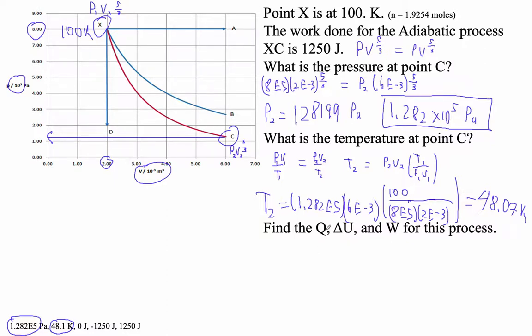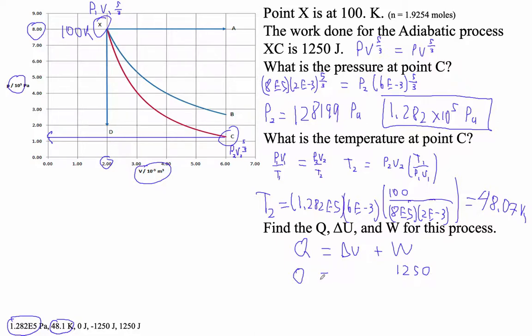Okay, so find the Q, delta U, and W for this process. Remember that these are related like this, and we're going to find Q by adding these two up. The work we are told is 1250. We know the heat that flows in is 0.